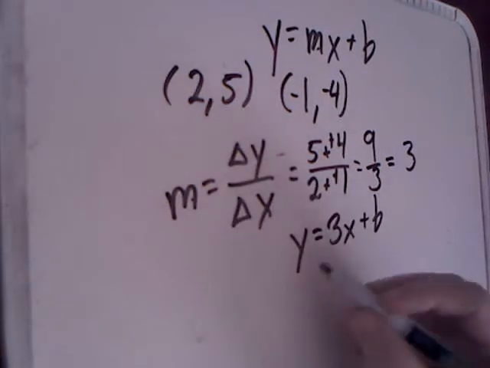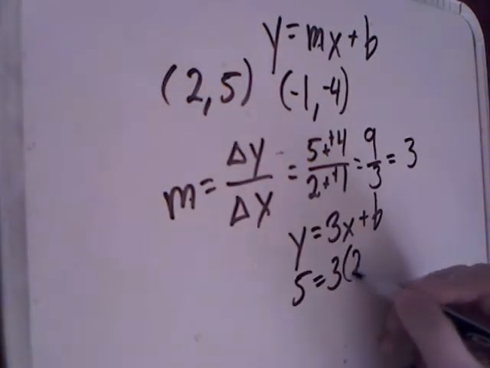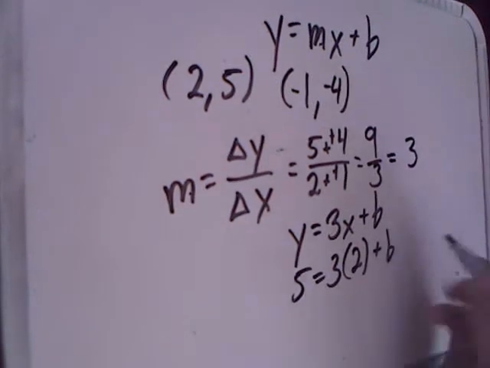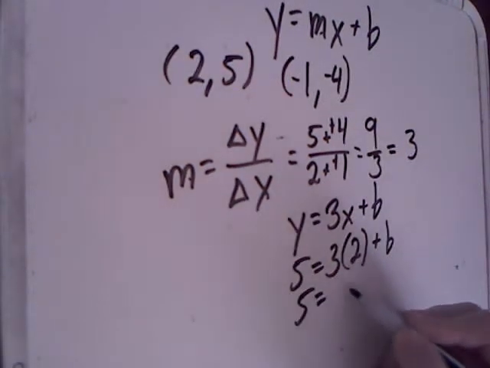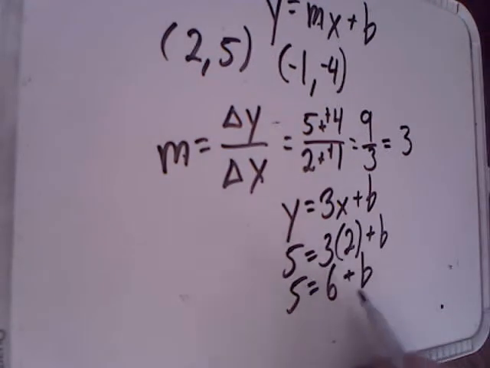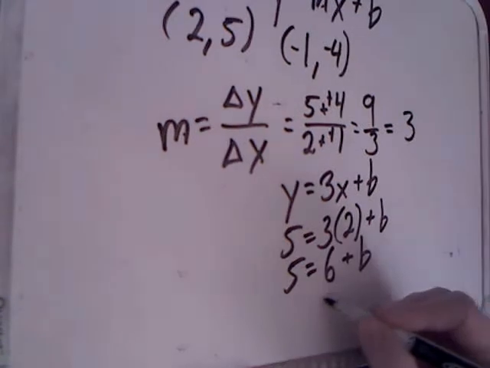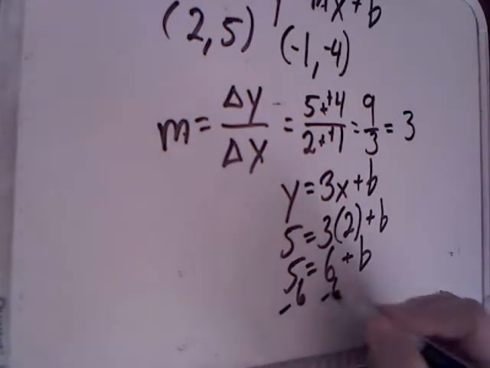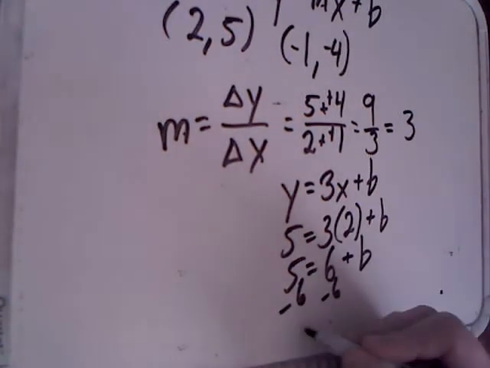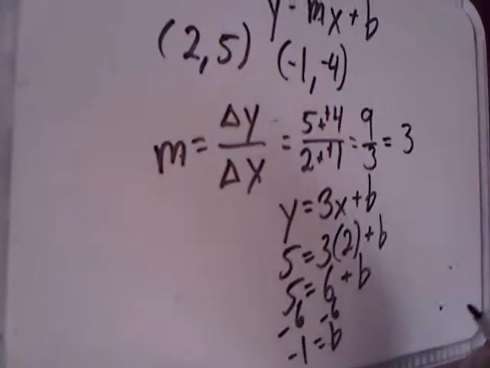So that means y is going to be 5, and x is going to be 2. 3 times 2 is 6, and this is where you be really careful that your 6's don't look like b's. Now I have a 6, and I need to get rid of it to get this b all by itself. So to get rid of it, I'm going to subtract 6 from both sides. 5 minus 6 is -1. -1 is b.